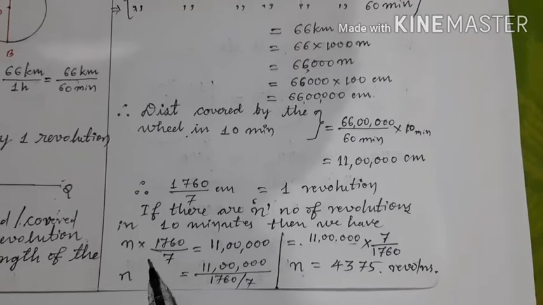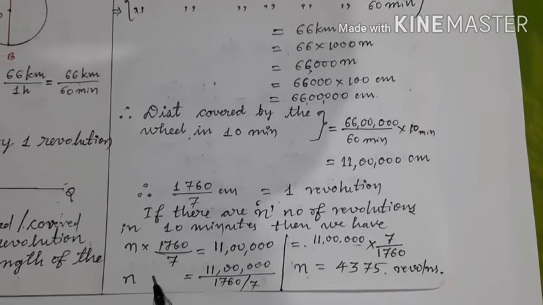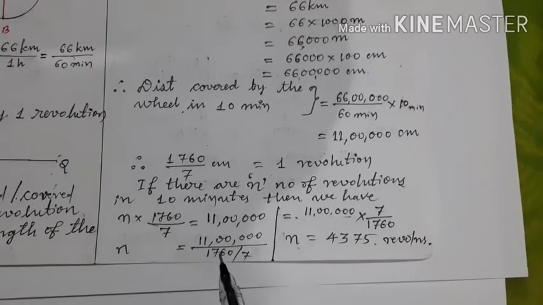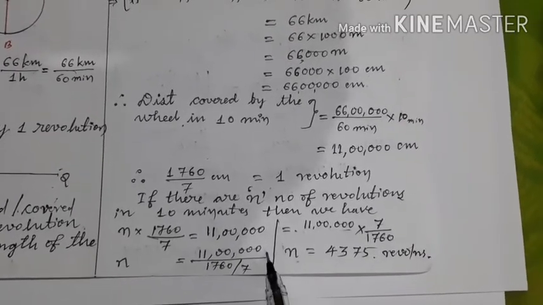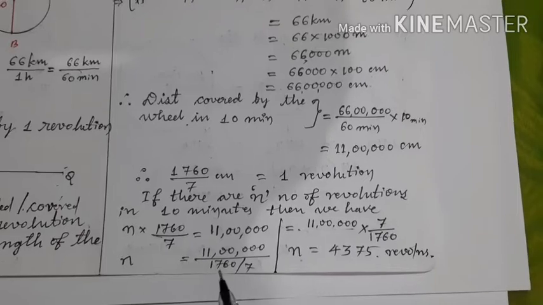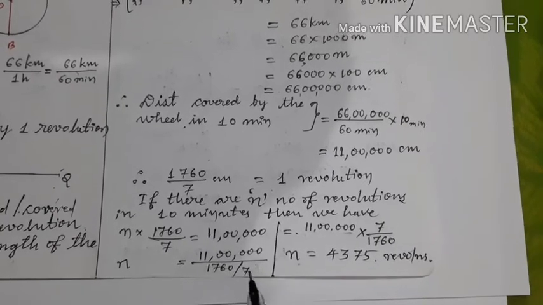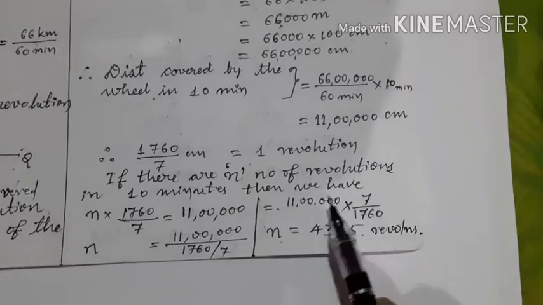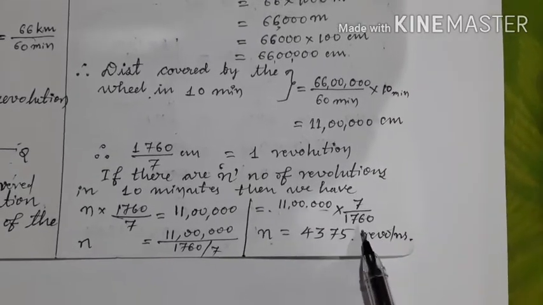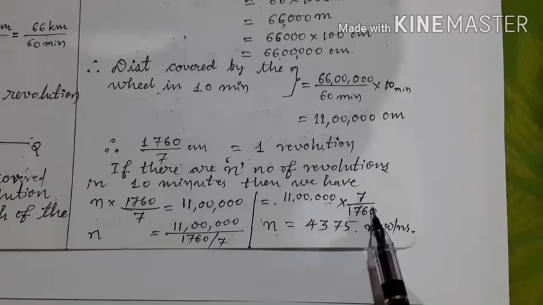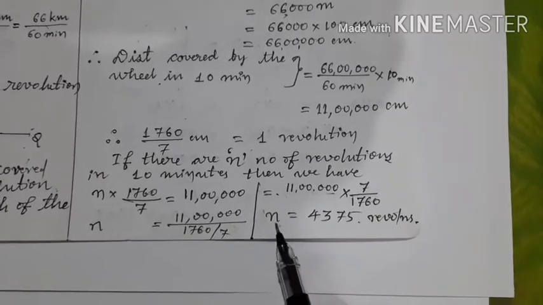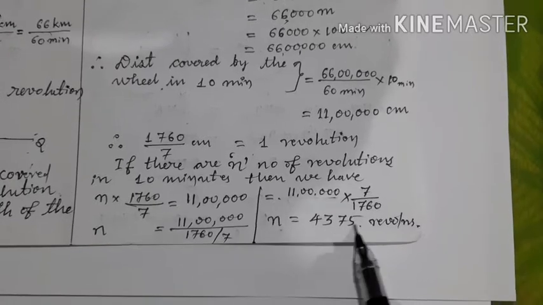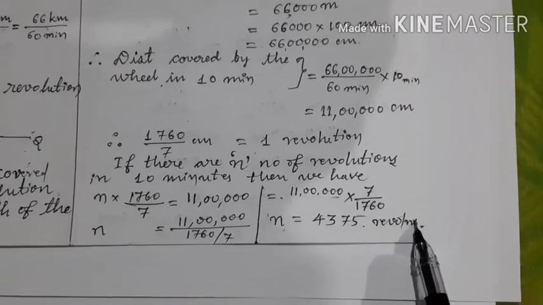Therefore, if I transpose this 1760 upon 7 to this side, it becomes 11 lakh centimeter divided by 1760 upon 7. If this 1760 upon 7 is taken up, it becomes 11 lakh into 7 upon 1760. After cancellation, I have n number of revolutions is equal to 4375 complete revolutions.